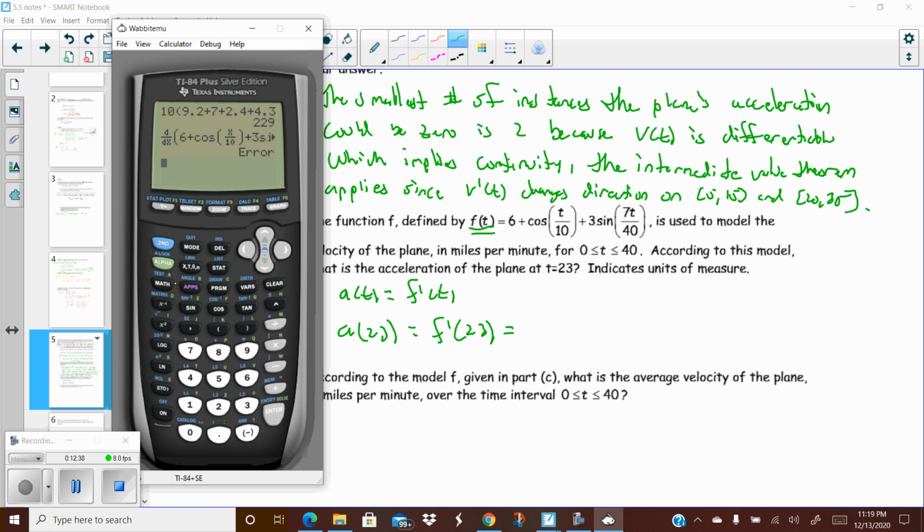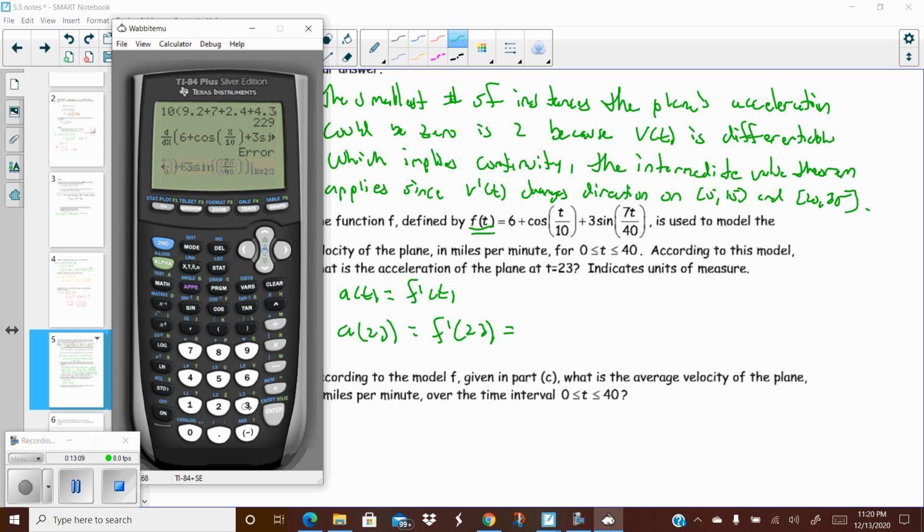Let me try again. Let's insert, second, insert, alpha, insert a fraction. 7x, it's so much easier to do this on an actual calculator than the ones on the computer. Okay, I think that's good.